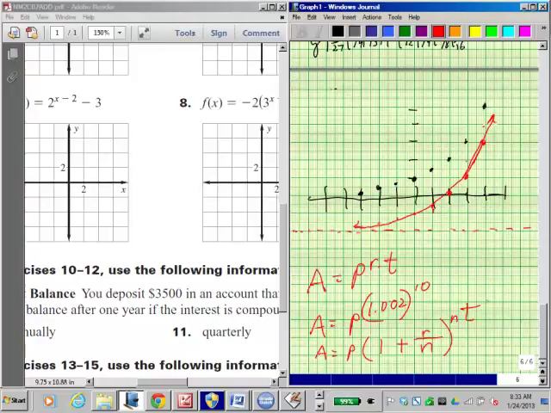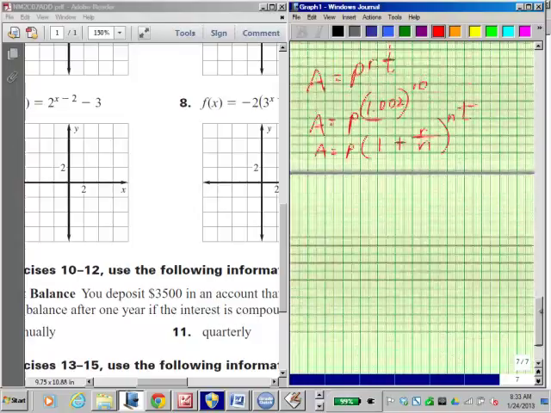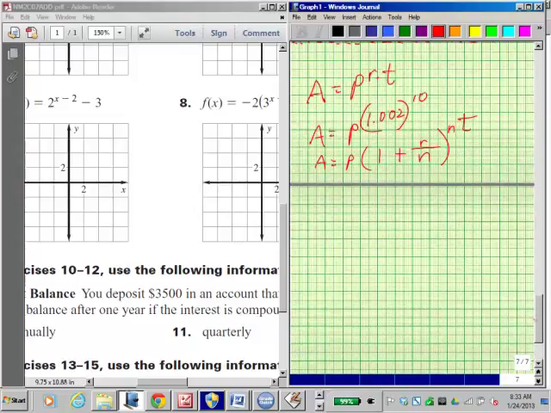You can program this in your calculator. The idea is that you think you're getting more money because your interest is compounded. Suppose it was 4%. Instead of giving you 4% at the end of the year, multiplying your principal by 4% and adding it back in, they give you 1% every quarter and then add that in. So you're growing a little bit faster.